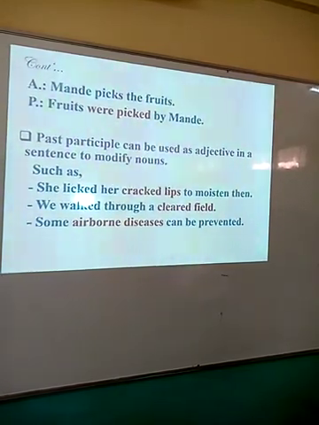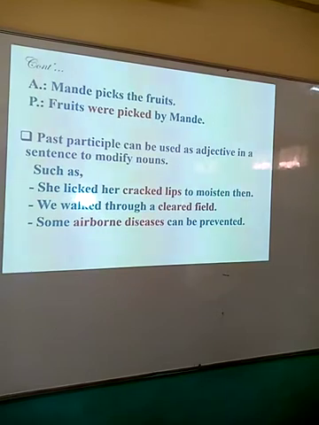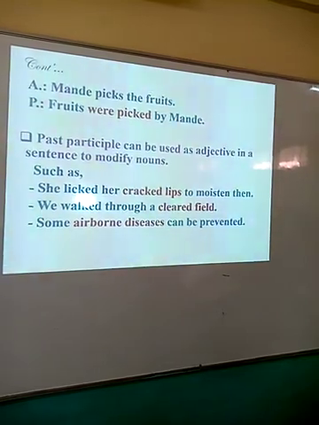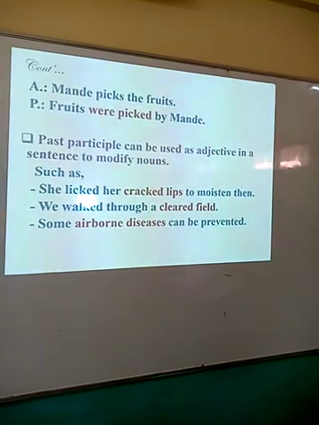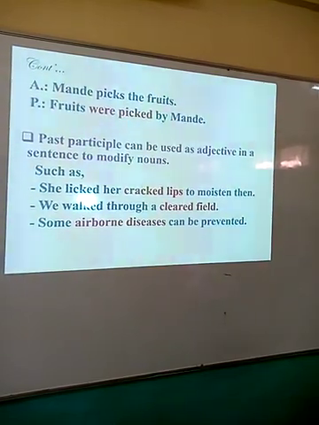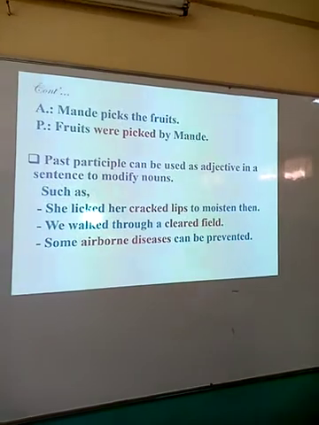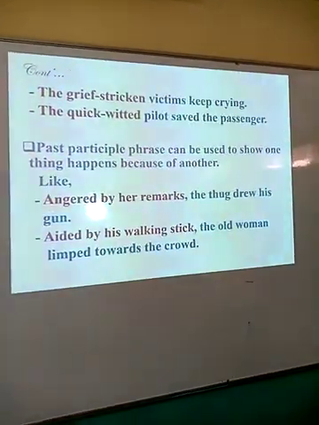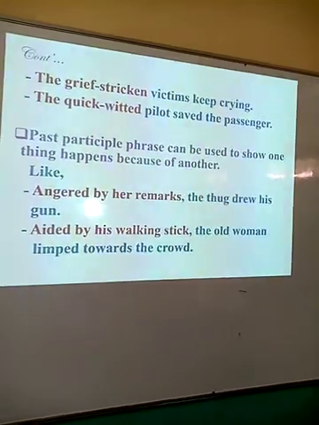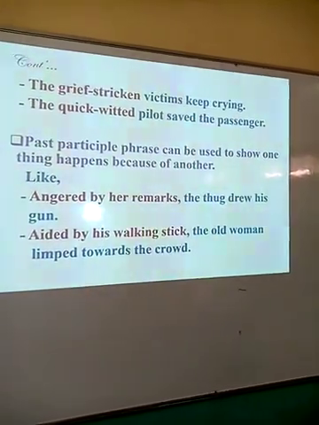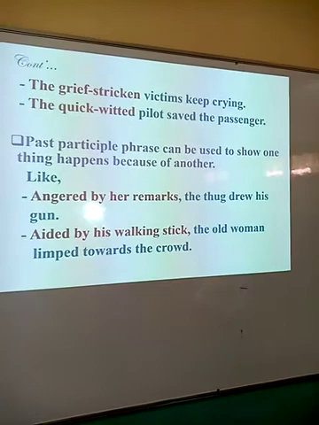The lips are modified by cracked, field is modified by cleared, and diseases are modified by airborne, which are past participles. The next is, the grief-stricken victims kept quiet. The quick-witted pilot saved the passengers.